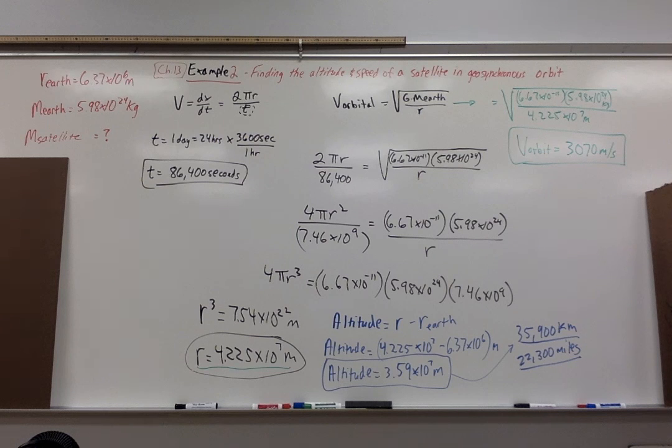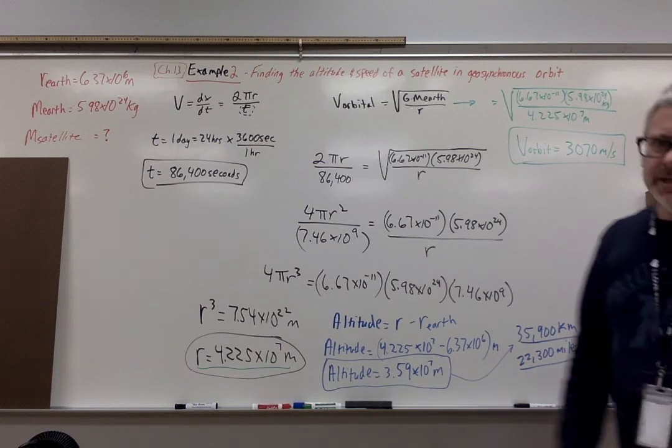The Earth's circumference is around 22,000 miles. It's a little higher than that. So, I don't know, maybe 17,000 miles an hour. Oh, I should have that in meters per second. But anyhow, that's a lot slower than the thing which is closer. Anyhow, that's the last example. Thanks.